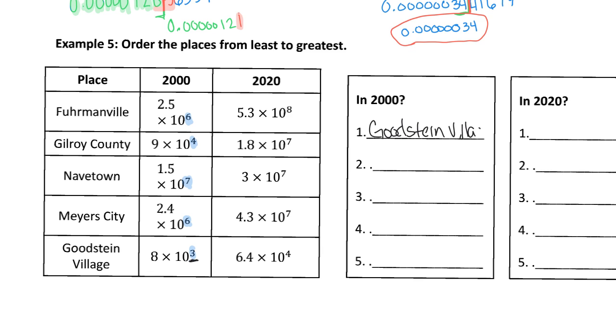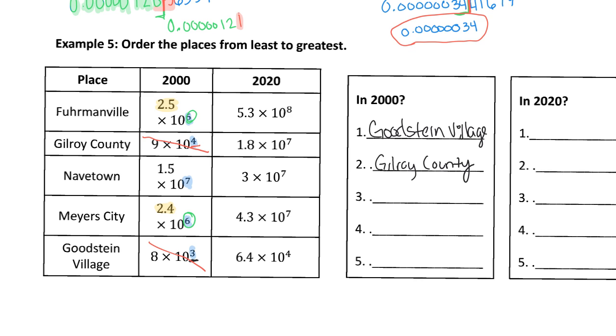If you run out of room, just write it underneath or something tiny. Okay? So we've chalked off Goodstein Village. What's next after 3? Well, then we have a 4. So we have Gilroy County. Okay. And then after 4, I see 2 6s. I see a 6 in Furmanville and Myers City. So that tells me I should look at my C values after that. So I should look at my C values, since they have the same exponents.